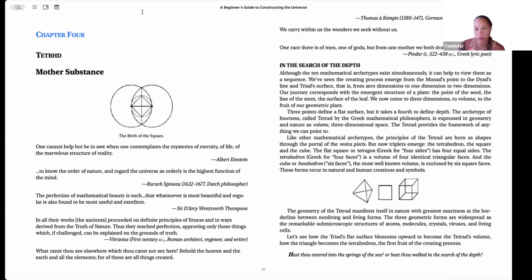But now triplets emerge: the tetrahedron, the square, and the cube. The flat square, or tetragon, Greek for 4 sides, has 4 equal sides. The tetrahedron, Greek for 4 faces, is a volume of 4 identical triangular faces.